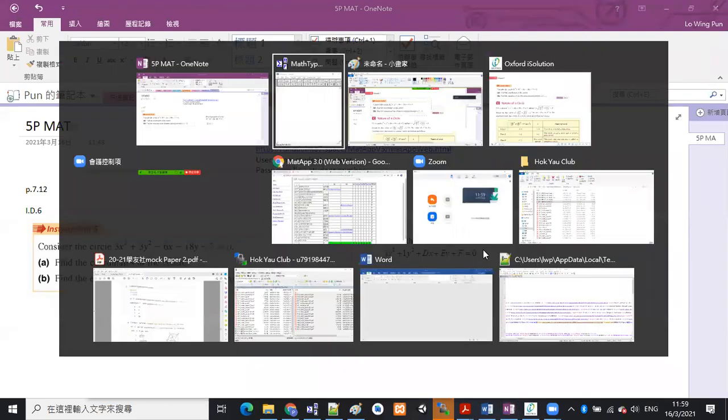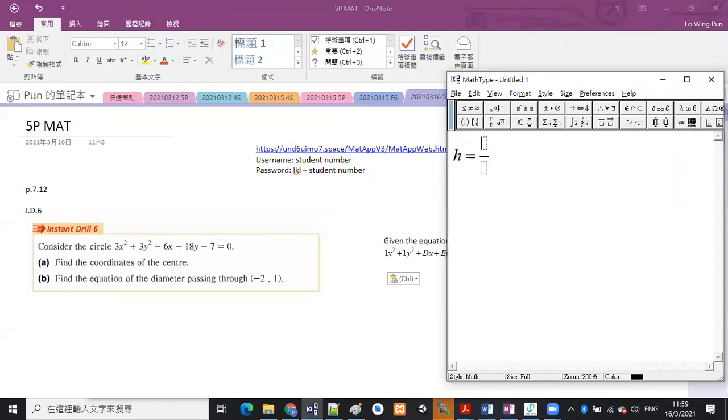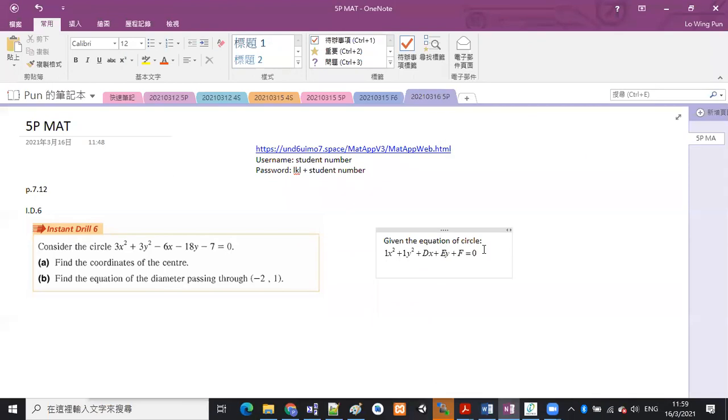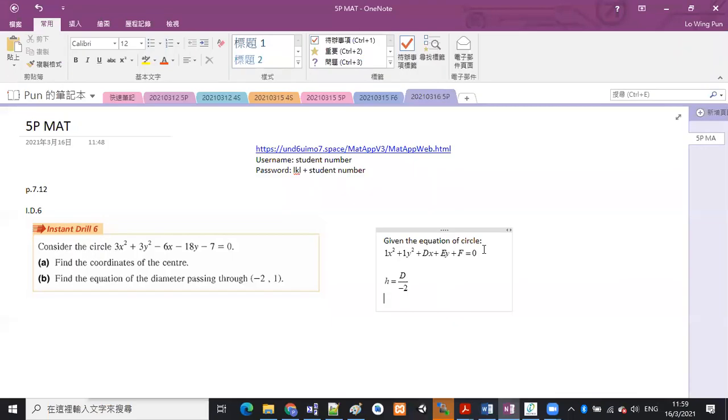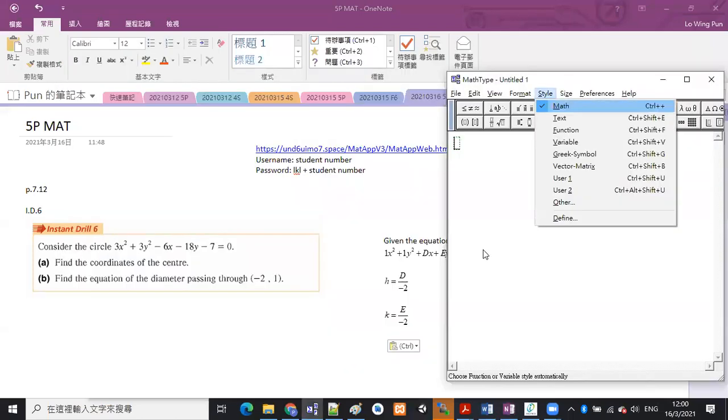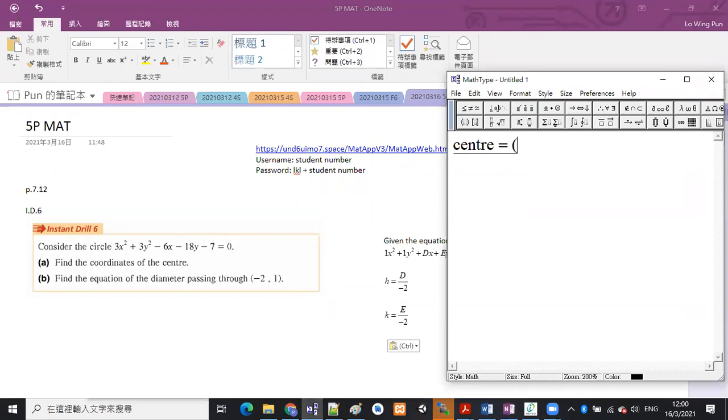H is equal to d over -2, and k is equal to e over -2. The center will be h and k.